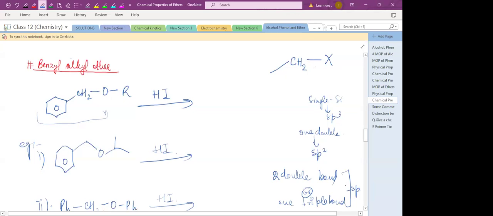So to understand the benzylic type of ether, you have to understand the hybridization. What is hybridization? If you see the carbon with a single bond, the hybridization of that carbon is sp3. And if you see the double bond, like this is carbon and ketone. Suppose this is a CH3, this is a CH3, this is acetone.